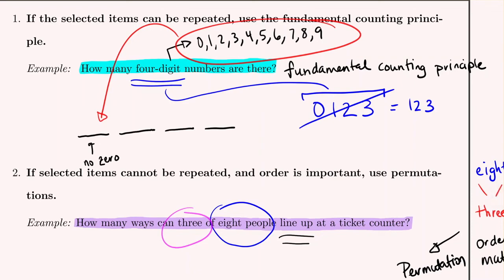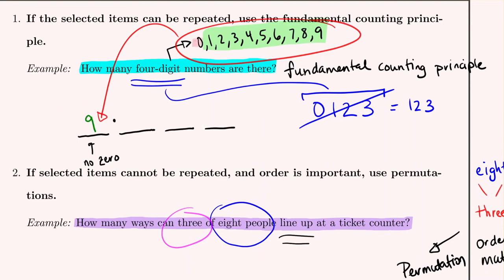So in terms of how many options could go in the first place, you could use 1, 2, 3, 4, 5, 6, 7, 8, 9. You could use 9 possibilities, but we could not have 0. Now here they did not say repetition wasn't allowed, so it's implied that it's okay, because 3333 is definitely a 4-digit number. So now that we've dealt with the first decimal place, where we had to avoid 0, there's no reason why I couldn't have 0 in the subsequent locations, because it's no longer an issue of being 4 digits or not.